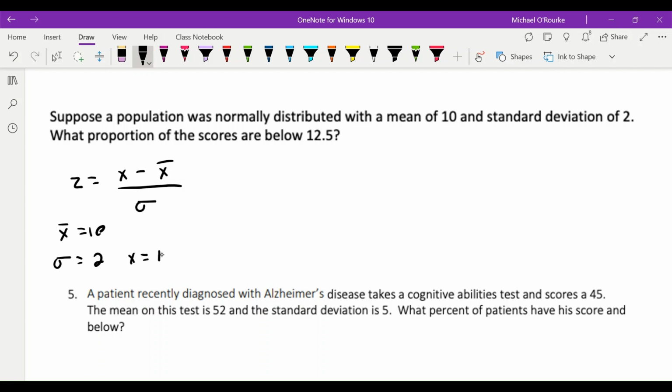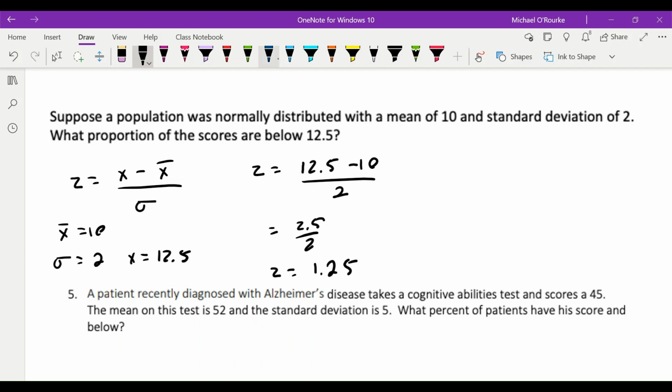So my x is 12.5. So therefore I can calculate my z-score by, it'll be 12.5 minus 10 divided by 2. So 2.5 divided by 2 is, I have a z-score of 1.25.